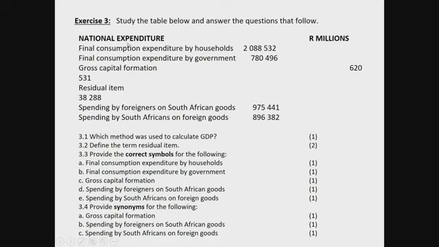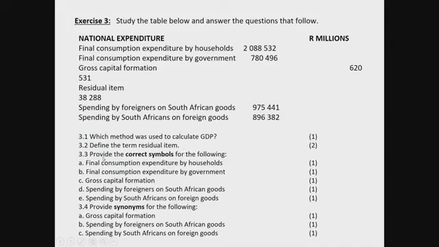And obviously it is the expenditure method. Define the term residual item. I just told you that the residual item is a balancing figure, and the reason we have it as a balancing figure is so that the GDP at market price according to the expenditure method is equal to the GDP at market price according to the other two methods.